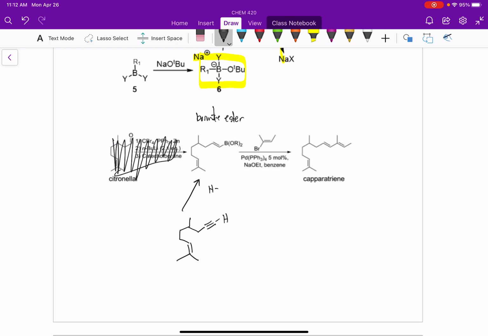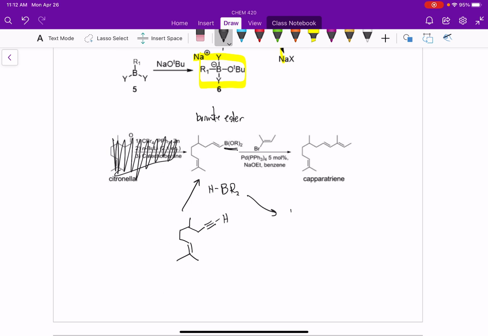So you can simply treat it with some HBR2, and that will add the boron to the anti-Markovnikov position. Oops, sorry, I didn't write that right. Let's erase. BR2.